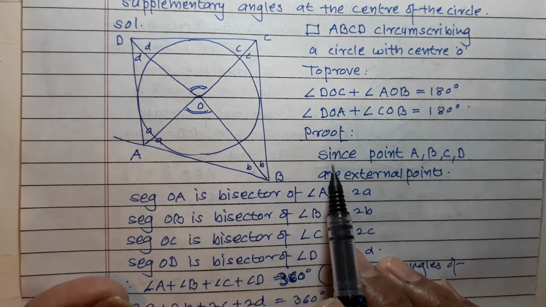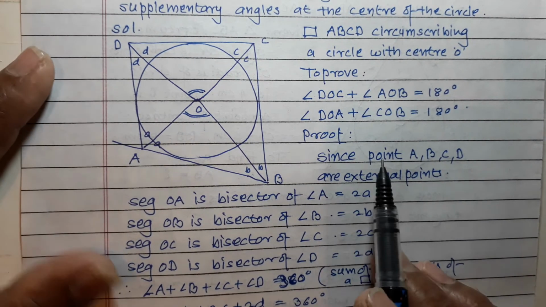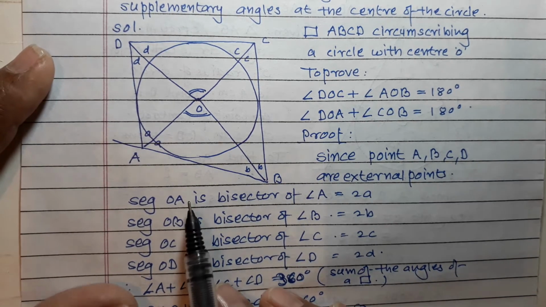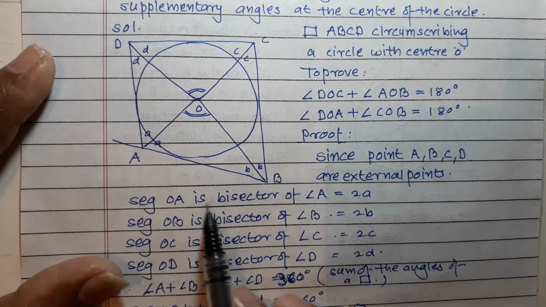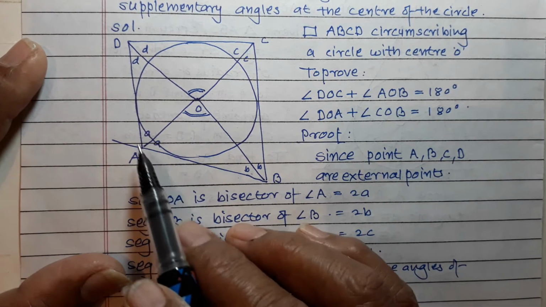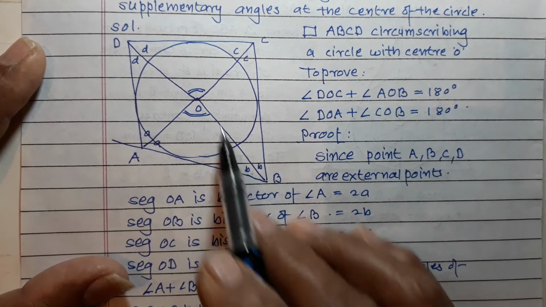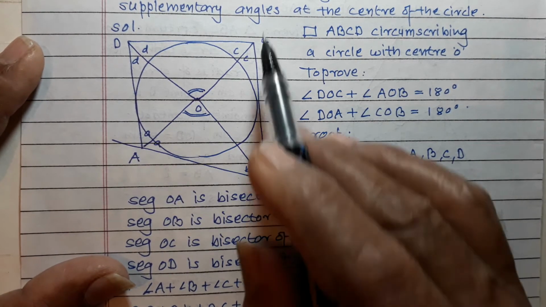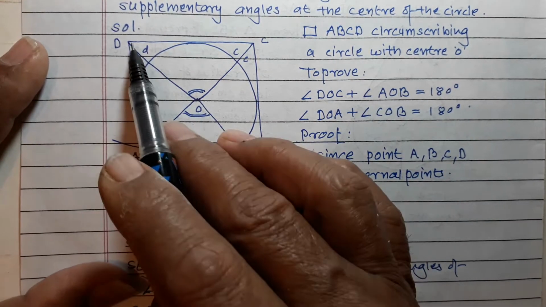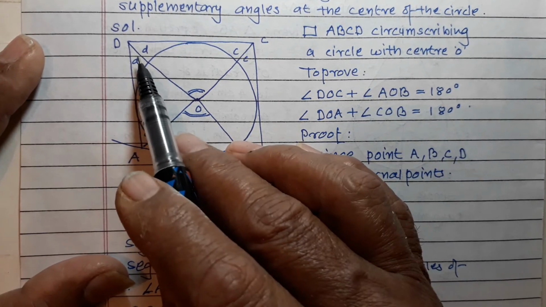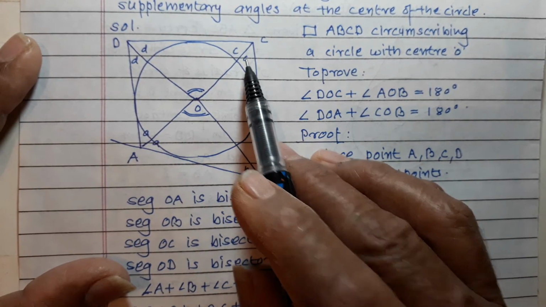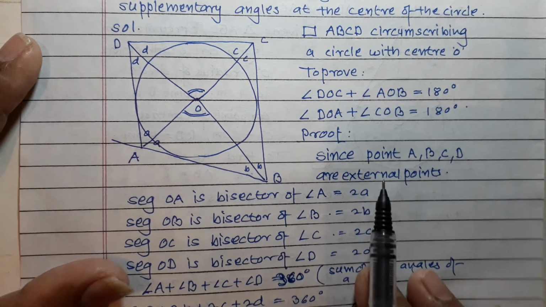Proof. Since points A, B, C, D are external points, so OA is the bisector of angle A. This is the bisector of angle B. This is the bisector of angle C, and this is the bisector of angle D. So therefore this angle and this angle are equal, this angle and this angle are equal, this and this are equal, this and this are equal.